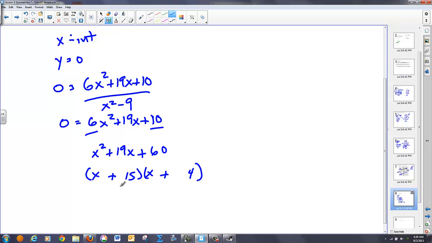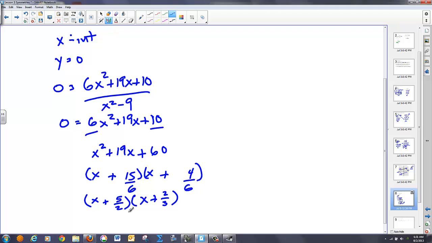But you'll notice this is not multiplied back into 6x squared plus 19x plus 10. So what I'm going to do is divide each of these terms by 6, which was my initial a term, and reduce, which gives me 3 goes into each of these, 5 here, 2 here, and 2 goes into each of the next guys, 2 and 3.